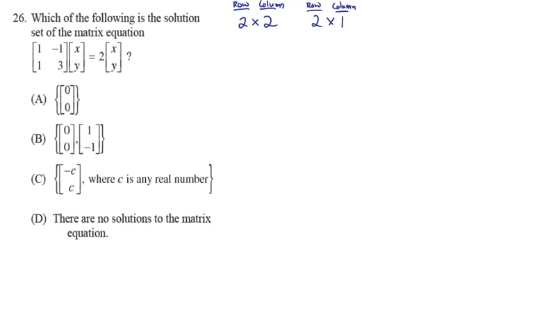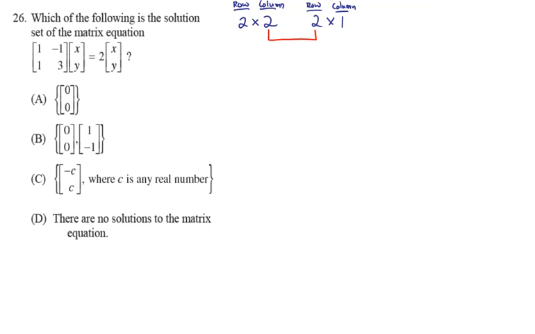Now in order to perform multiplication on two matrices, we have to make sure that the inner part, or the connection between the column of the left side matrix and the row of the right side matrix, are the same number. If they are not the same, then we can't proceed.